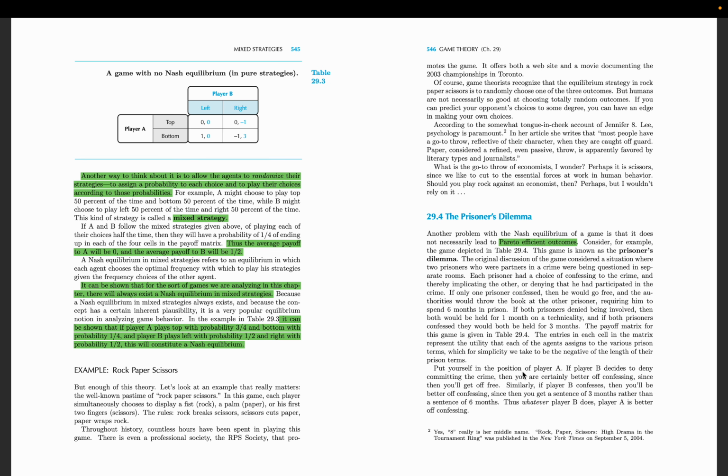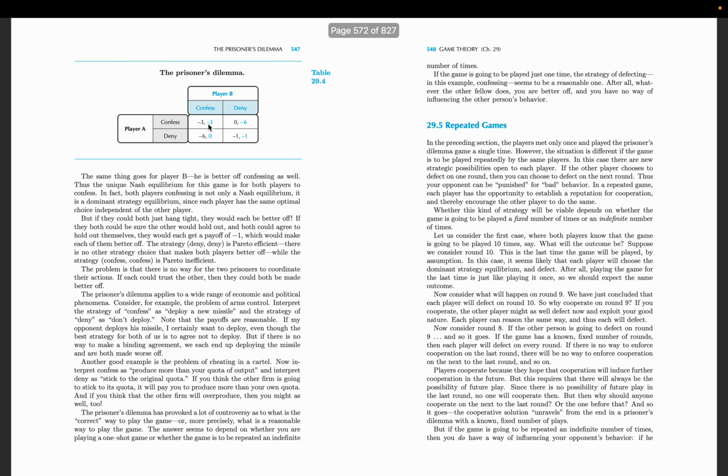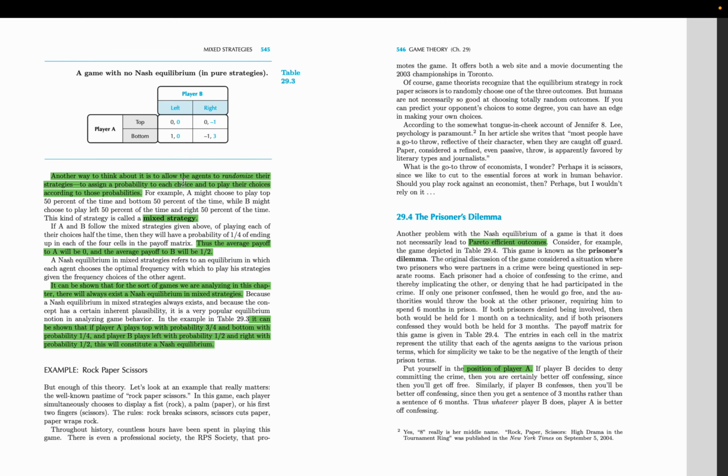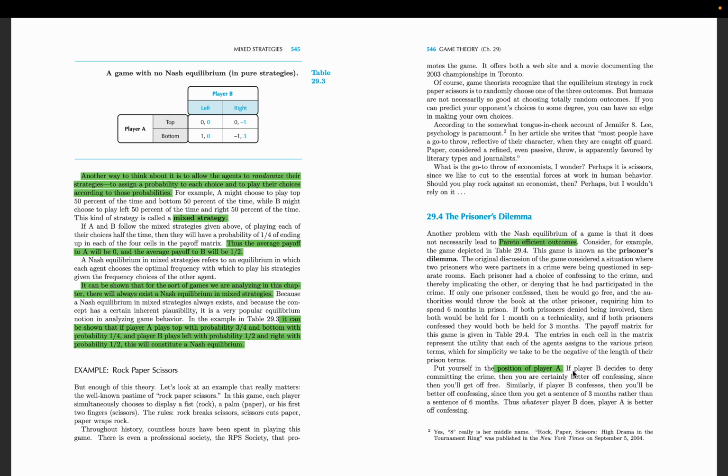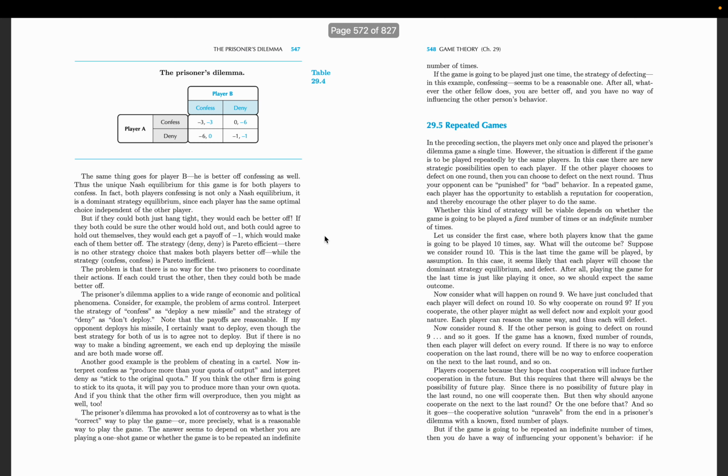Put yourself in the position of player A. If player B decides to deny committing the crime, then you are certainly better off confessing, since then you'll get off free. Let's talk about player A first.